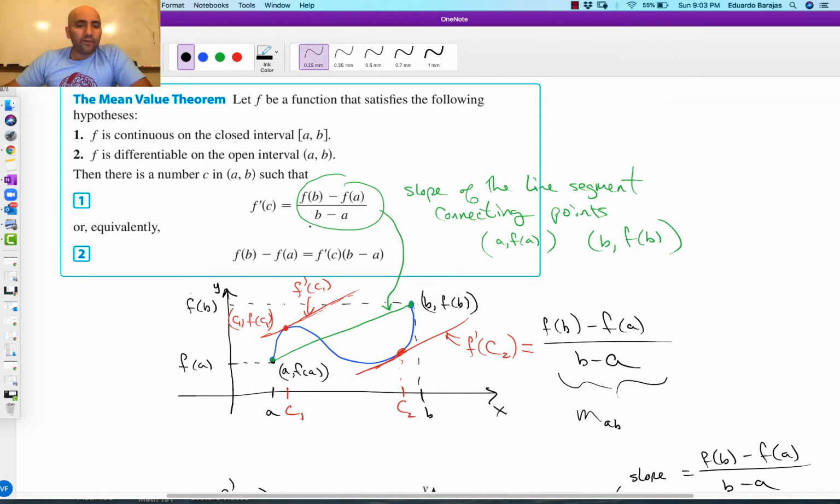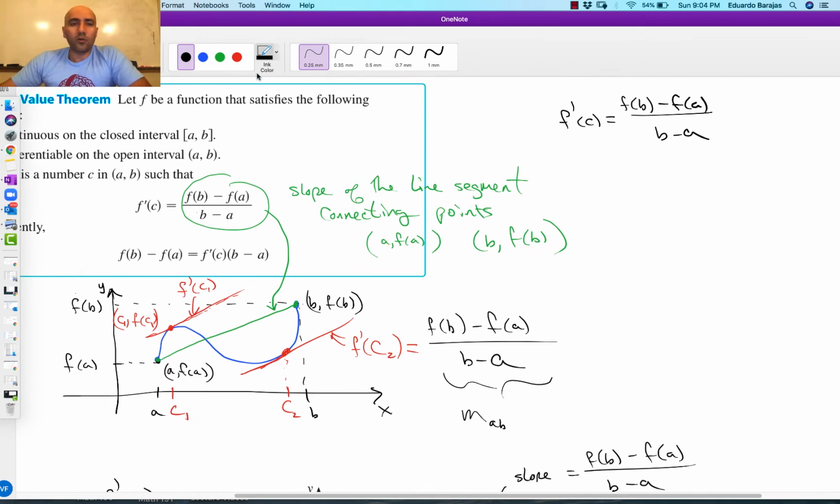And then all we have to do to get this alternate form is to multiply both sides of this equal sign by the denominator. So if we have f prime of c equal to f of b minus f of a all over b minus a, then all we have to do is multiply both sides of the equal sign by this b minus a.